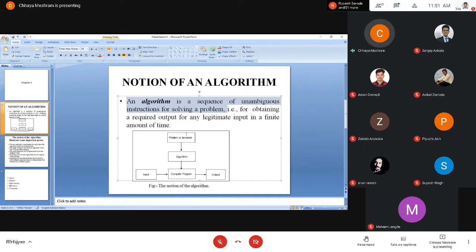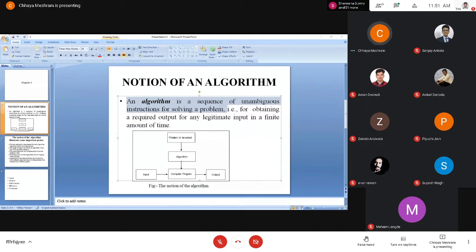Now here you can see this block diagram. This block diagram represents the notion of the algorithm. So what is inside this block diagram? Here you can see that we have a problem to be solved.